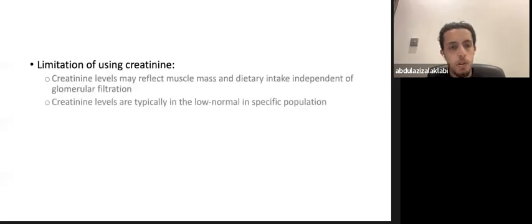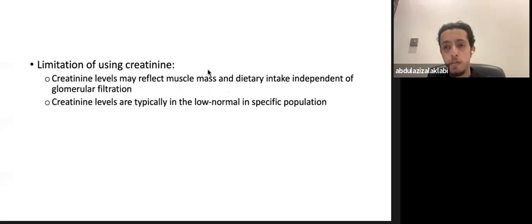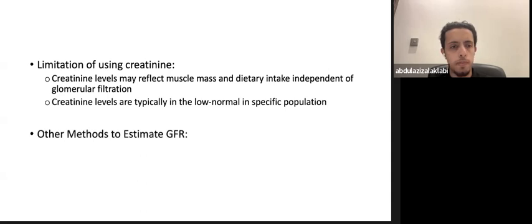So again, as I said before, the limitation of creatinine is that it may sometimes reflect muscle mass. So a bodybuilder may have a high creatinine even though their kidney function is normal, and in specific populations they may have it low to normal.